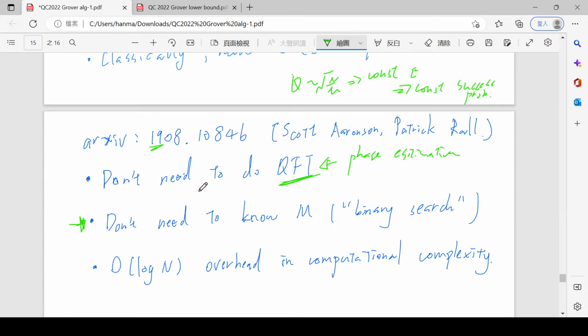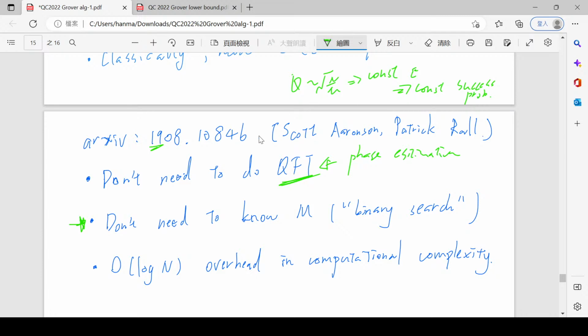Then that will make the algorithm simpler, in the sense that it is easier to implement on a quantum computer. Okay? And also conceptually, this is a Grover thing, so we should really not need to do quantum Fourier transform. It's a different kind of algorithm.